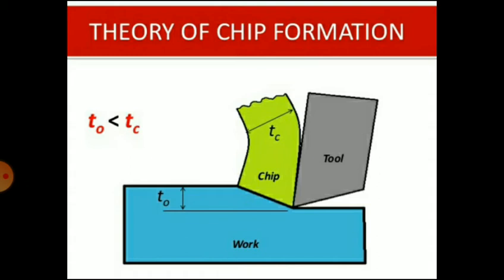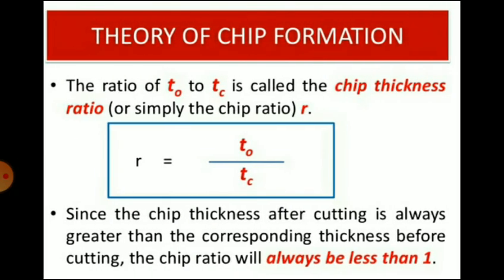T0 is always less than Tc. The thickness of the chip after cutting is always more than the thickness of the chip before cutting. The ratio of T0 to Tc is called the chip thickness ratio, and it is represented by R. So R, the chip thickness ratio, is equal to T0 by Tc.